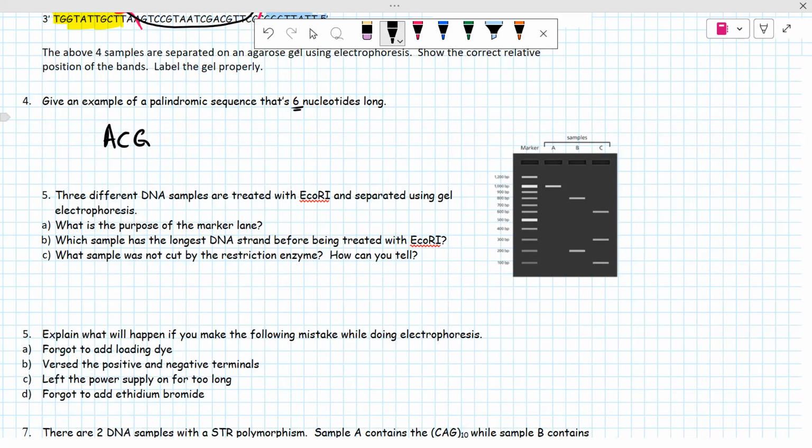So complementary to G is C, complementary to C is G, and complementary to A is T. That's it. And just to be sure, you can do the complementary strand on the other side, just to double check that it's the same. Yeah, GGGCCC also works, right? If you want to keep it simple.